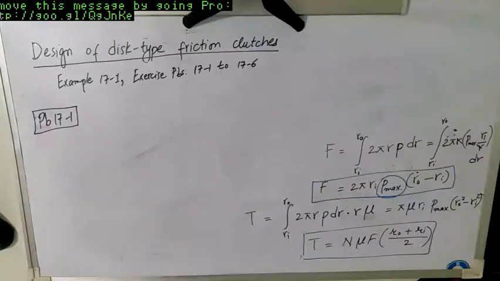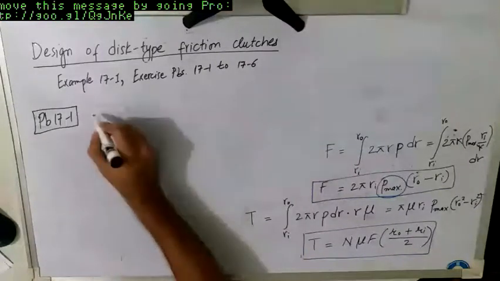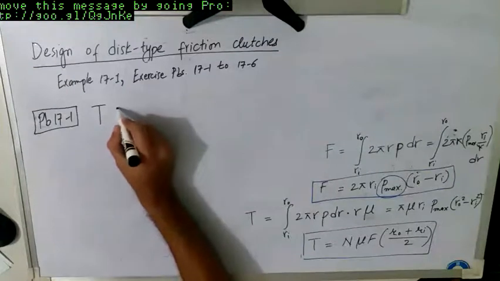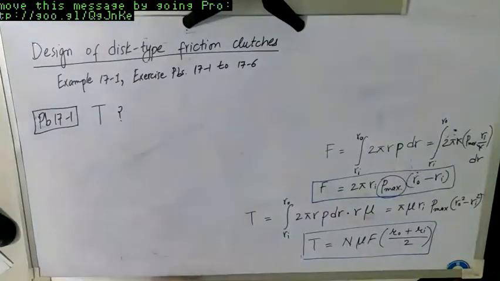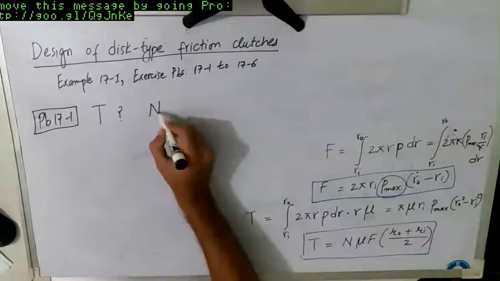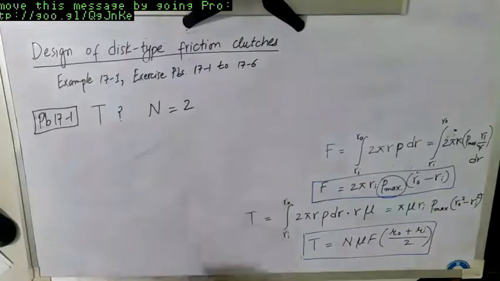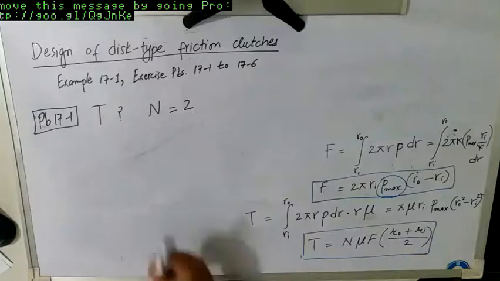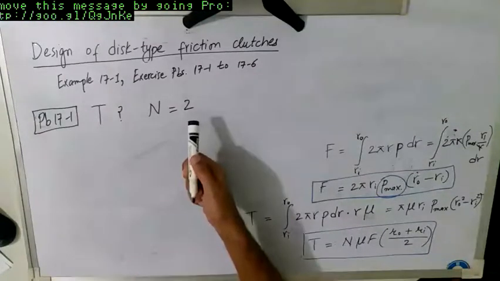Alright, so if you have read the statement of the problem, it says that we have to find the torque that can be transmitted through a two-surface dry disc clutch. So N is equal to 2 and it is a dry disc clutch.